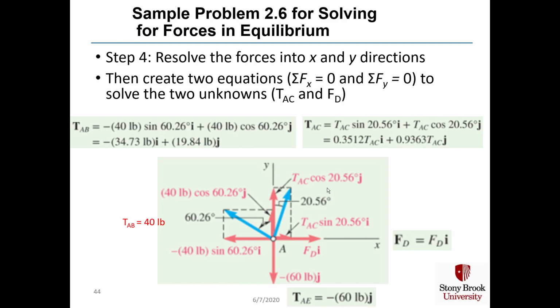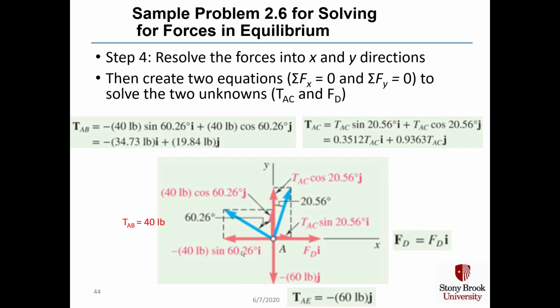T sub AB is a known force of 40 pounds, and therefore its x component is minus 40 pounds, because that's going to the left, times the sine of 60.26 degrees. Remember, it's the sine because the 60.26 degrees is relative to the y-axis as opposed to the x-axis.